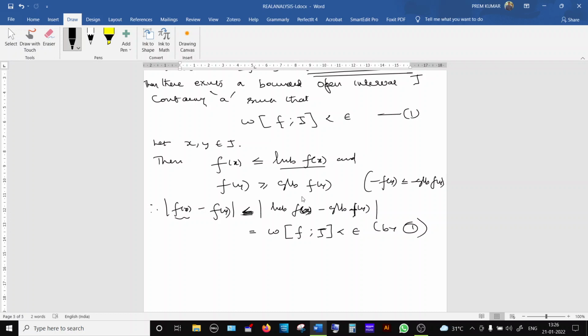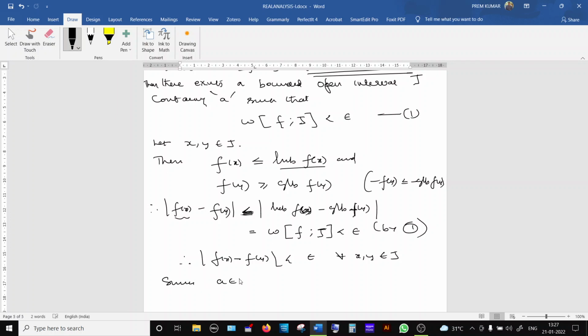This is true for any two elements x and y in J, and in place of y you can put x. Therefore, what we get is that the absolute difference of f of x and f of y is less than epsilon for every x, y belonging to J.